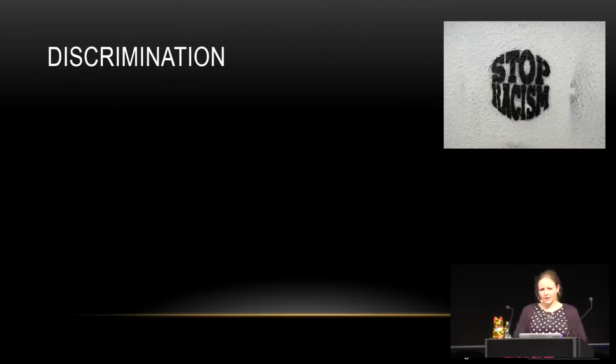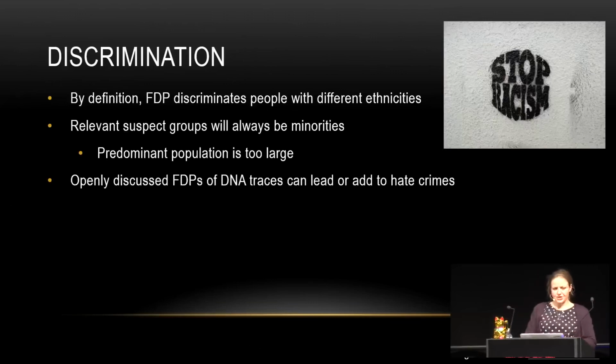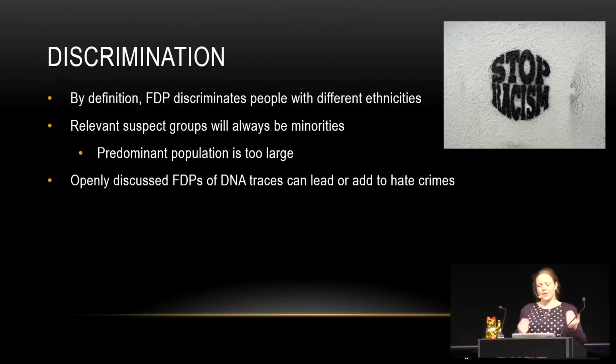Then I'd like to come to the point of discrimination. So by definition, forensic DNA phenotyping discriminates people with different ethnicities. If you think about it, the relevant suspect group will always be the minority of the people who actually live in this area, because if you find the looks of the predominant population, this will be too large of a suspect group.